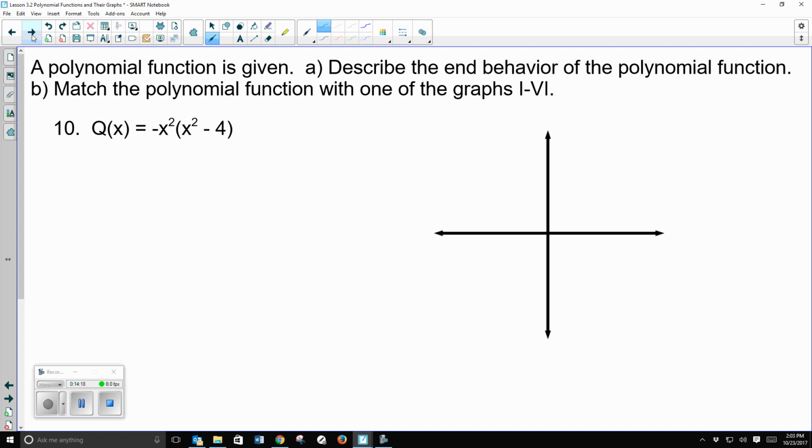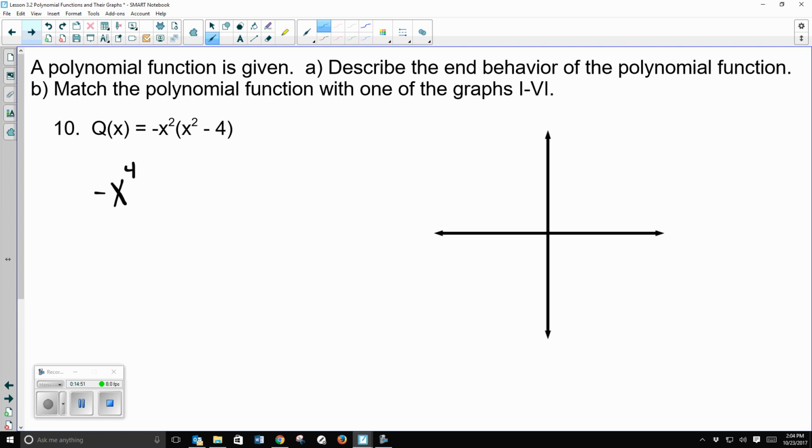The leading coefficient would be what when you multiply that out? Negative x to the 4th. So this being negative, the leading coefficient being negative, means that it will be, well, wait a minute, let's back up. An even exponent means they're both going in the same direction, right? They're either both going up or they're both going down. And the leading coefficient tells us whether they're going up or down.